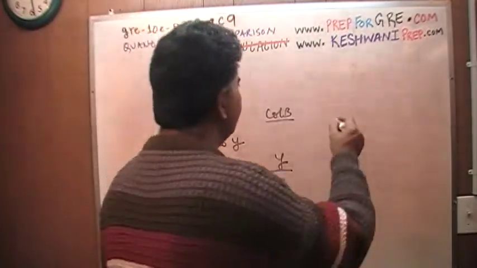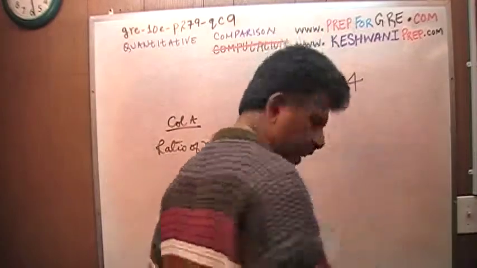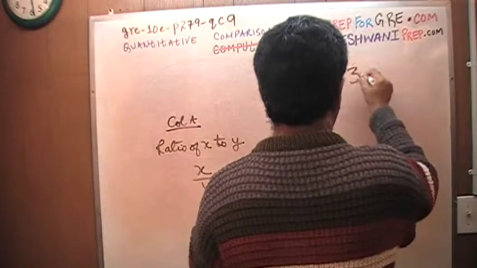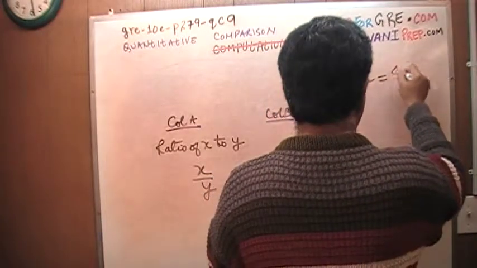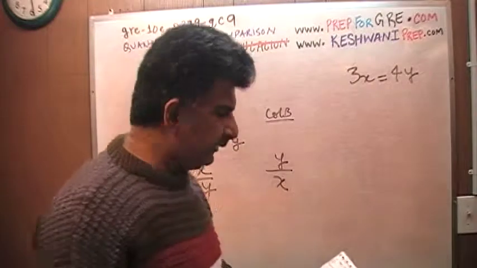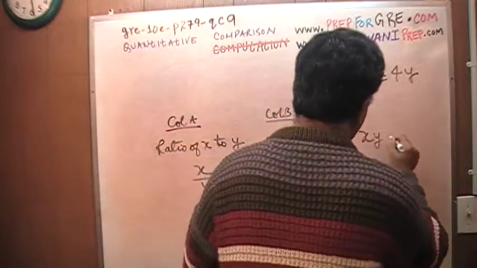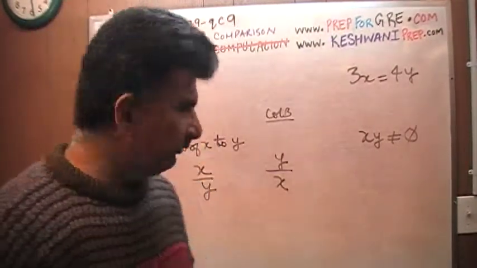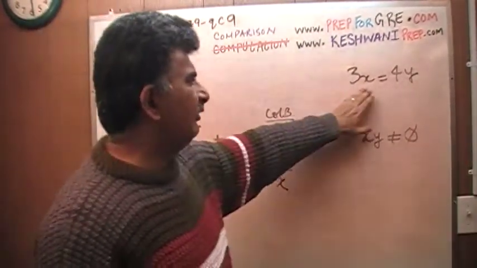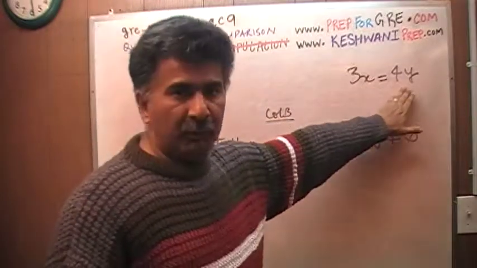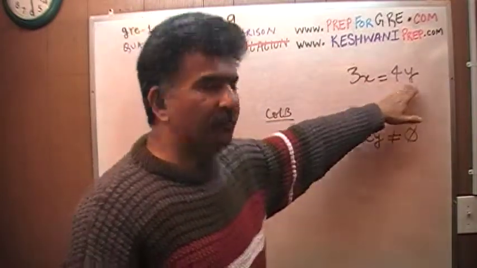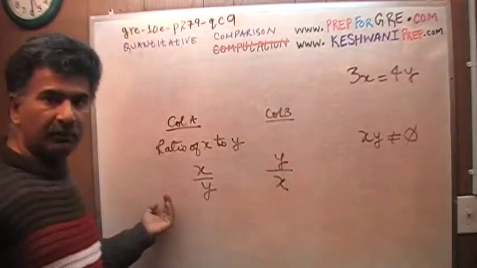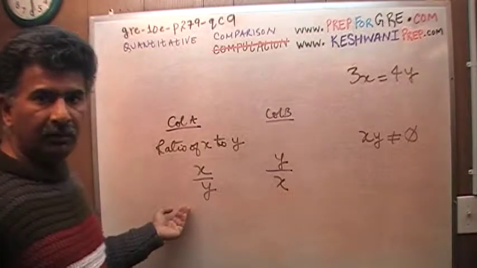And the reason they tell you that x times y cannot equal 0 is just for theoretical purposes, because if x were 0, y would also have to be 0, because 3 times 0 would be 0. And if x and y were 0, then these quantities that they're asking you to compare would be meaningless, because 0 divided by 0 is undefined.